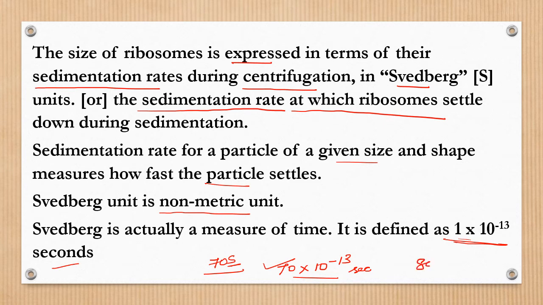And 80S ribosomes require 80 into 10 to the power of minus 13 seconds to settle down. So the size and shape of these ribosomes is measured based on the Svedberg unit. If you mention that ribosome size is 70S, that size is based on the sedimentation rate, 70 into 10 to the power of minus 13 seconds.